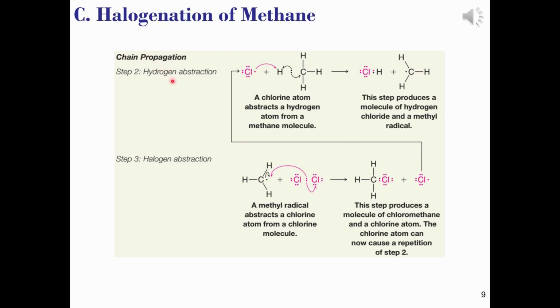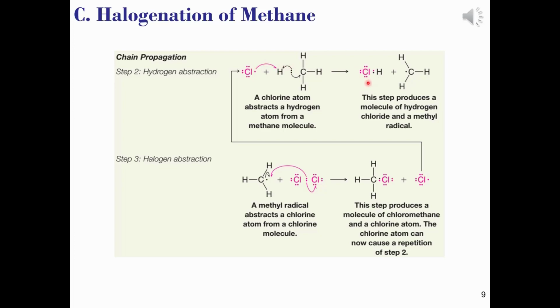In the first step, the hydrogen abstraction, a chlorine radical from the initiation step reacts with a molecule of methane. One of the carbon-hydrogen bonds has the electrons exposed on methane to show how that carbon-hydrogen bond breaks to form a methyl radical and how a bond is formed between hydrogen and the chlorine radical.